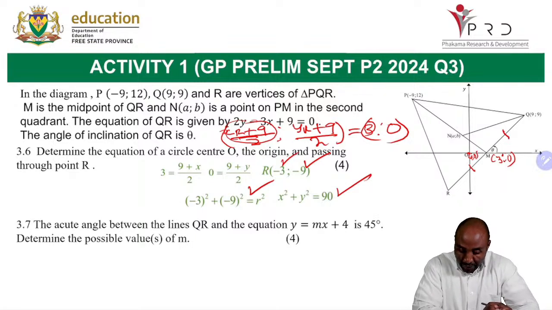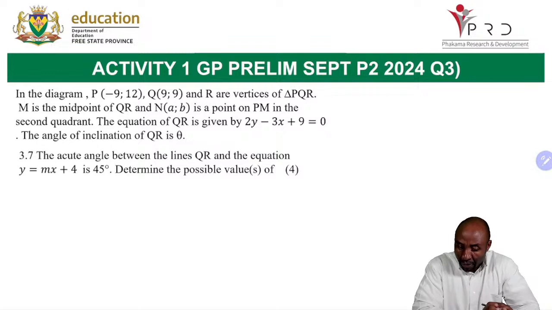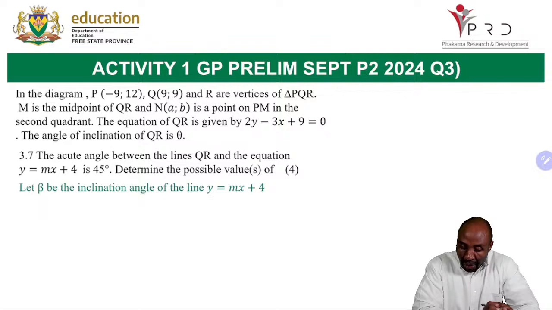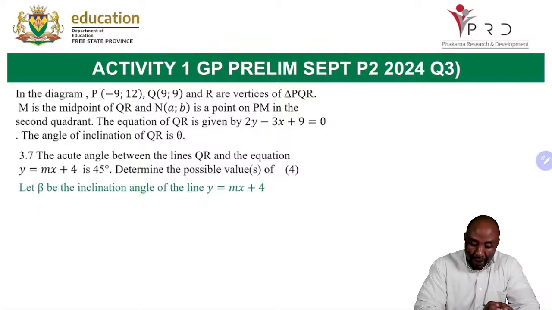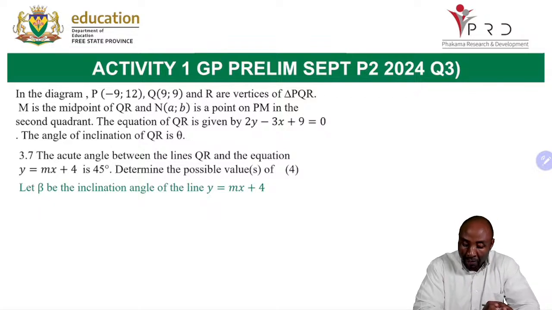3.7. We are told that the acute angle between the lines QR and the line y is equal to mx plus 4 is 45 degrees. We have to determine the possible values of m. Now, for us to answer that question, remember, we let the angle of inclination of the line y is equal to mx plus 4 be that.